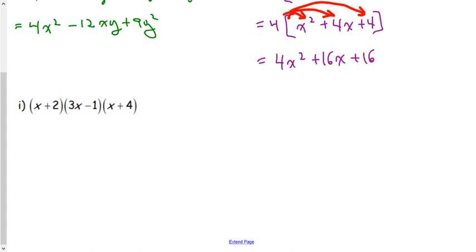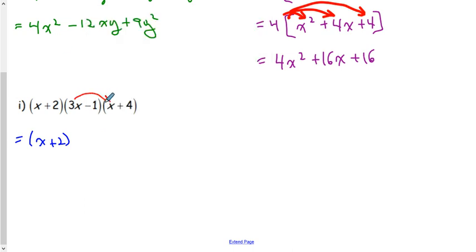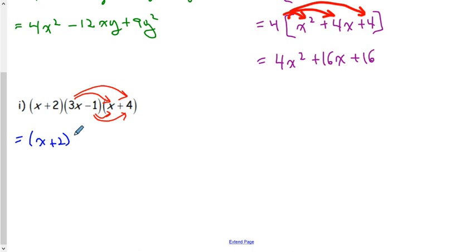So here's what I'm going to do. I'm going to rewrite this, but I'm going to keep the x plus 2 by itself right here. And then I'm going to multiply the 3x minus 1 and the x minus 4. So let's do that. By not trying to do this all at once, we make our lives a lot easier.